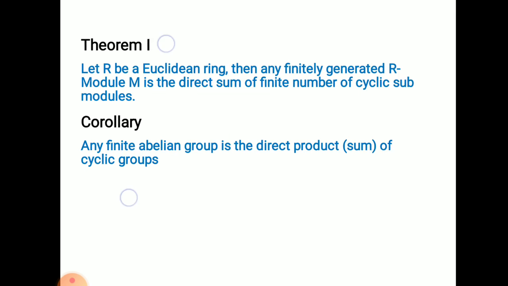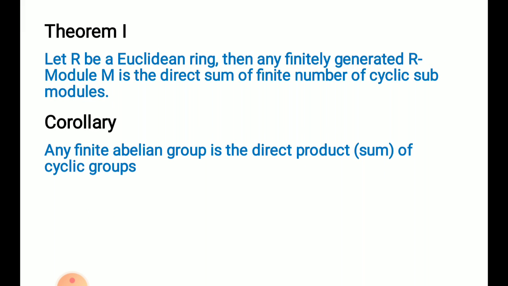We have mentioned these results as a corollary and a theorem. These results are important for MCQ purpose. Let R be a Euclidean ring, then any finitely generated R module M is the direct sum of a finite number of cyclic submodules. This is the result.